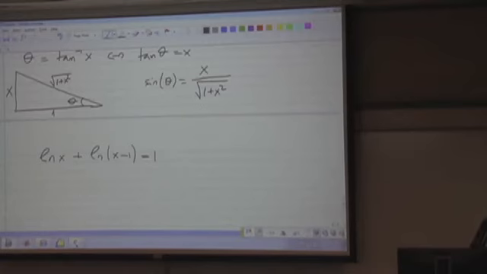Be advised that if you apply e to both sides, you will not end up with x plus x minus 1. I solved this problem in class, 2 weeks ago or whatever it was, and I cautioned you at that point as well. The only way you can apply e's is if you apply it to the whole thing. So if I have e to the ln of x plus ln of x minus 1 is equal to e to the 1.